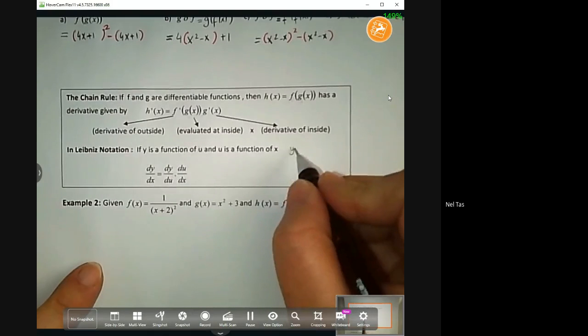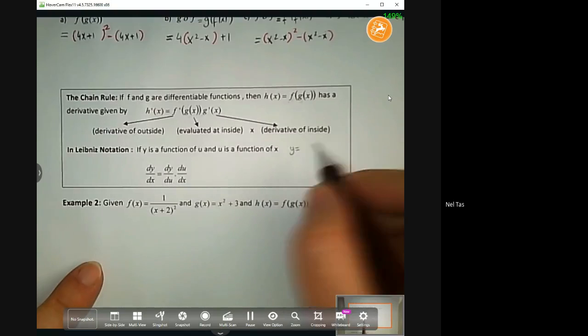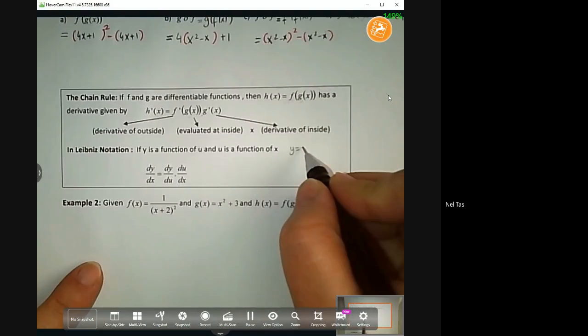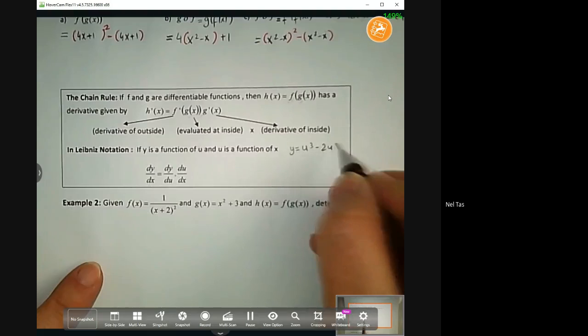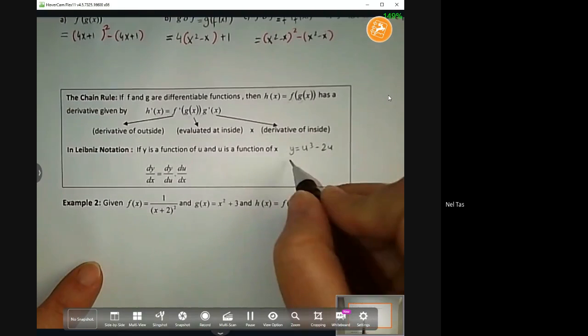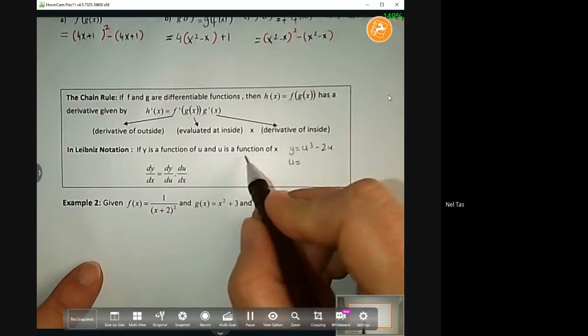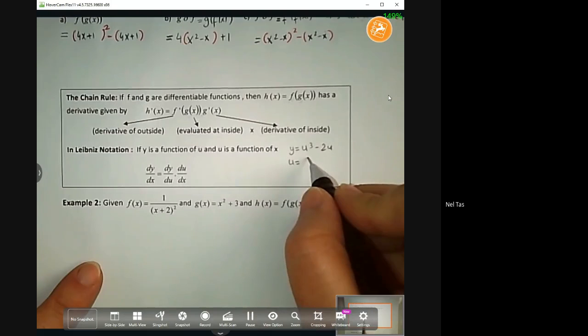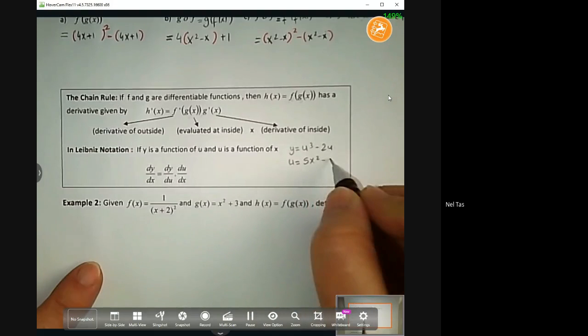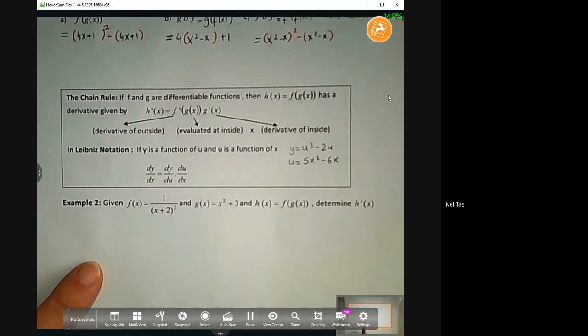I'll just make up some examples here. Let's say y is u cubed minus 2u, and u is a function of x, let's say 5x squared minus 6x.